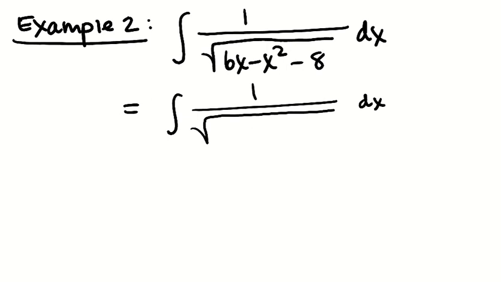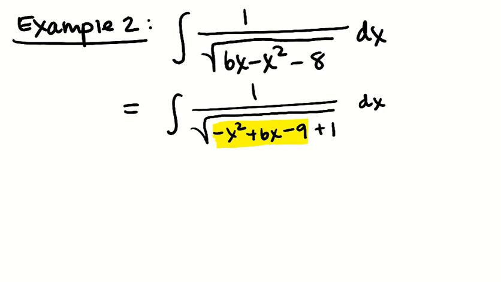Let's see. Well, this is like negative x squared plus 6x minus 9 plus 1. But this is going to be at least the negative of a perfect square. So I'm going to try that because I'm going for the 1 over the square root of 1 minus u squared. Let's just go ahead and try to do that.